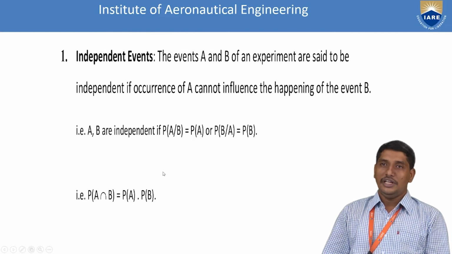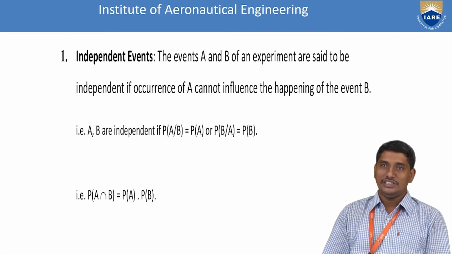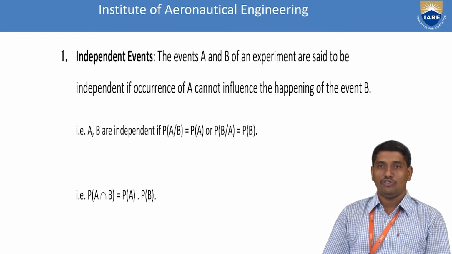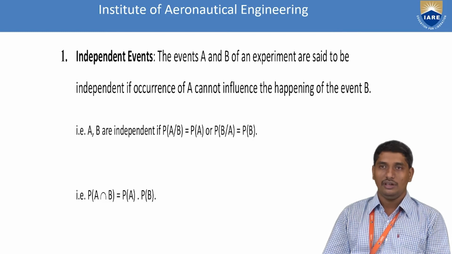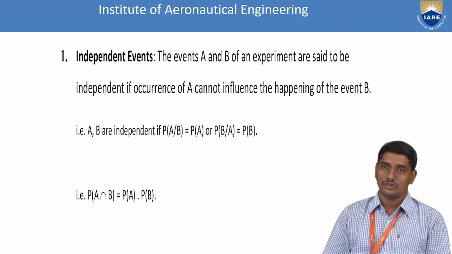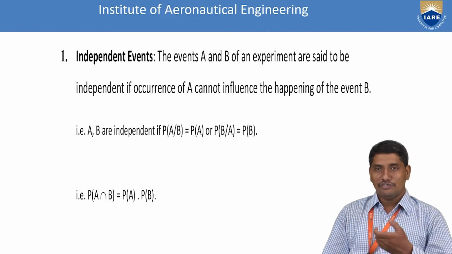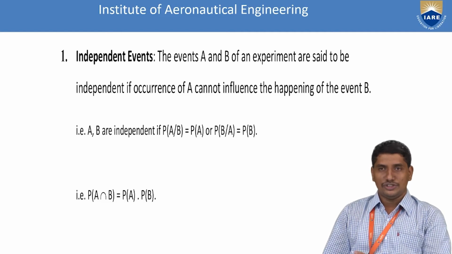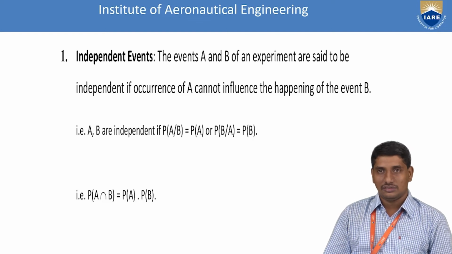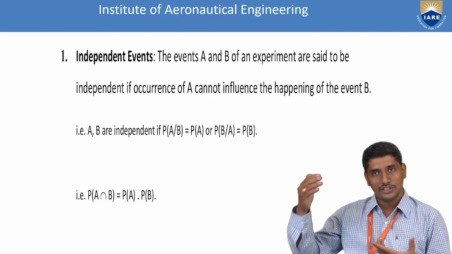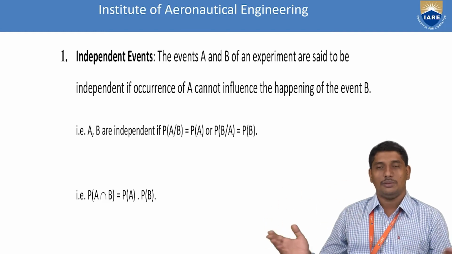Now, independent events. Two events A and B are said to be independent if P of A given B is equal to P of A and P of B given A is equal to P of B. That is, the imposition of condition B doesn't show any effect. That is, the probability of happening of A under condition B or without the condition of B are the same.